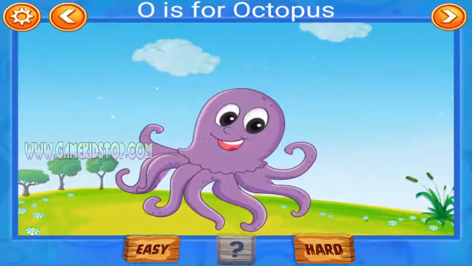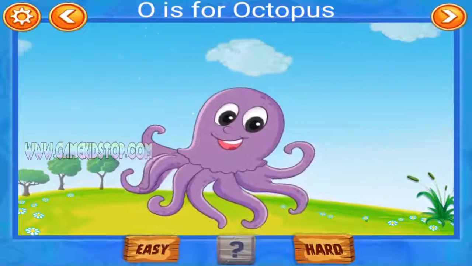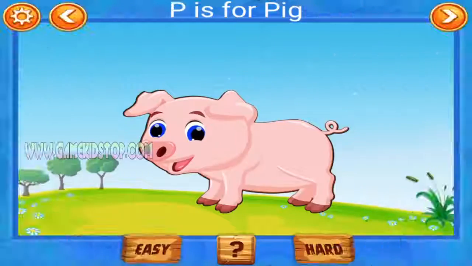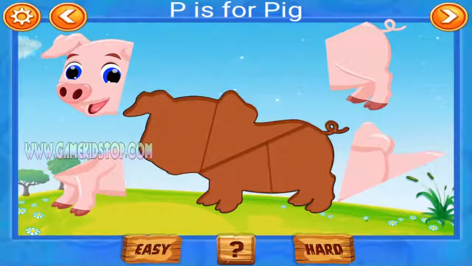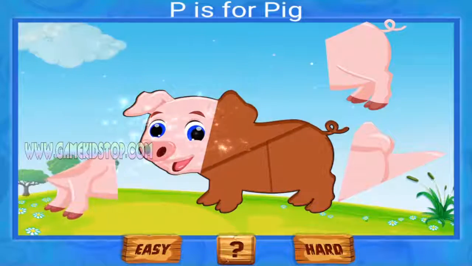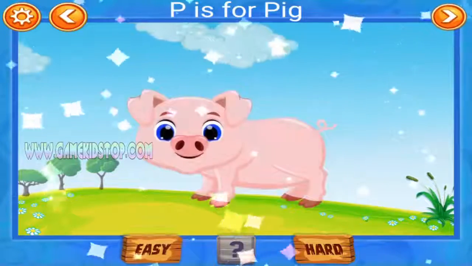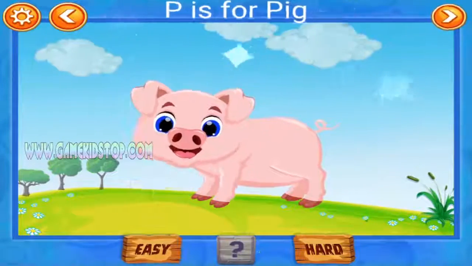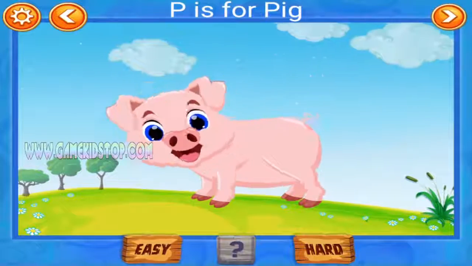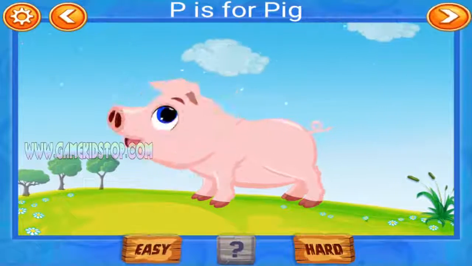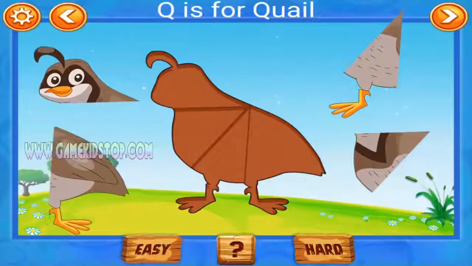O is for octopus. Octopus. It's time to solve a puzzle. P is for pig. Pig.